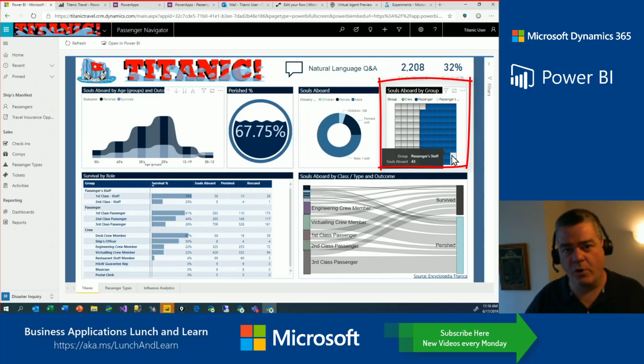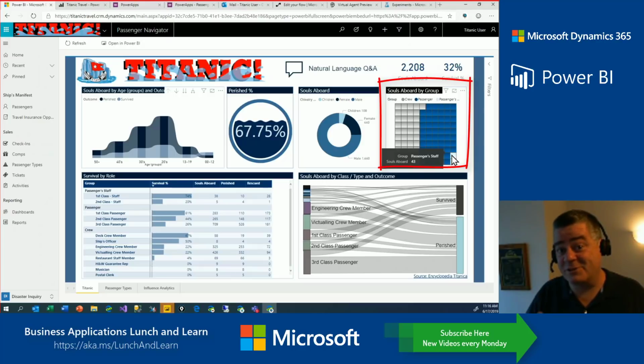Those are the people who didn't work for the boat. They worked for the passengers on the boat, think of them like children's nannies or butlers, things like that. We're talking about the 1800s or early 1900s here, and these people are working for the passengers on board, and they're part of that group.